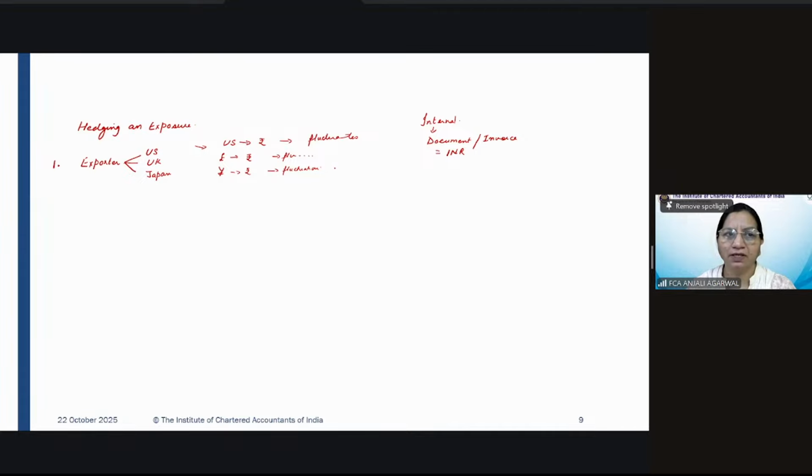My amount that I'm going to receive is constant. It is for the US importer to manage his exposure in rupees. It is for the UK importer to manage the exposure in rupees against pound. And it is for the Japanese importer to manage the exposure in rupee against yen. So there is nothing for me to worry about because my document or invoice currency is the Indian rupee.